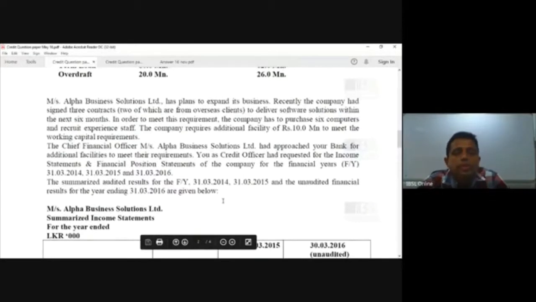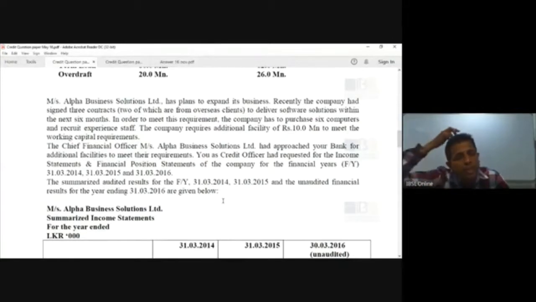Then they are going to expand their business with a few orders that they have received, and for that the company requires an additional facility of 10 million for working capital. And you are being given the financial statements, 3 years of financial statements, 2014, 15 and 16, ending 31st March.